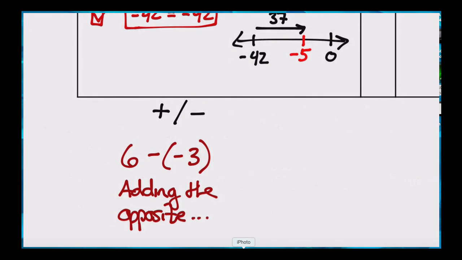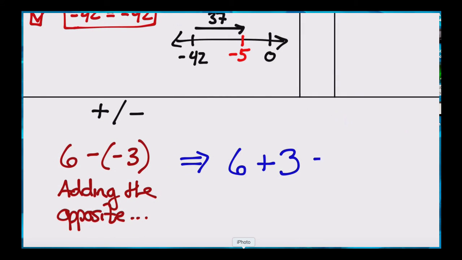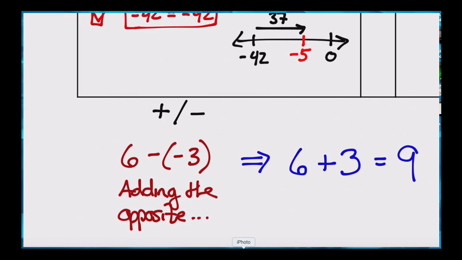So this becomes not 6 minus a negative 3, but it becomes 6 plus the opposite of negative 3. What is the opposite of negative 3? Yeah, positive 3. So we're adding the opposite, a positive 3. What is 6 plus 3? 9. So the trick of it is to think of this setup right here as basically being the equivalent of addition.